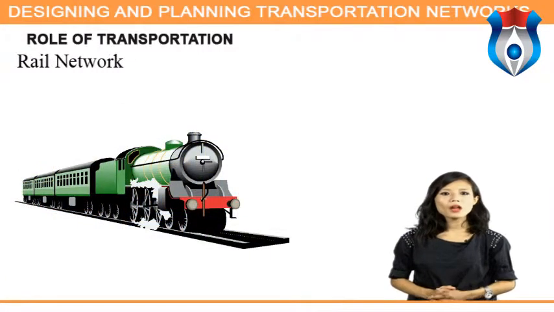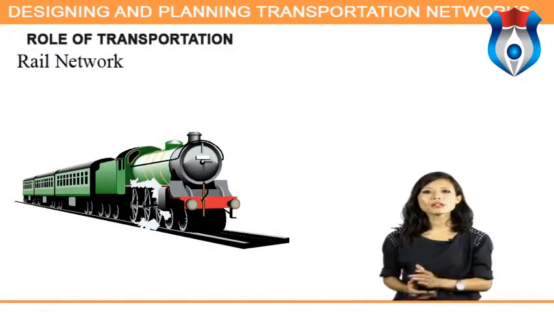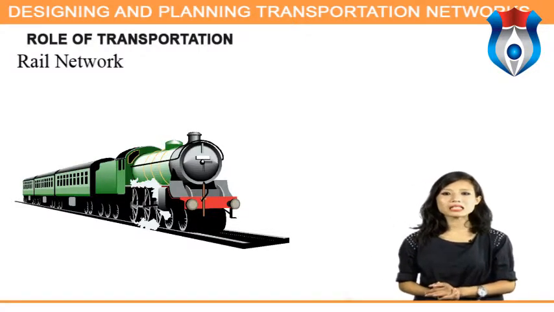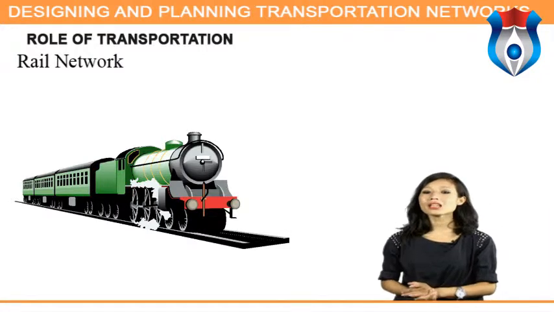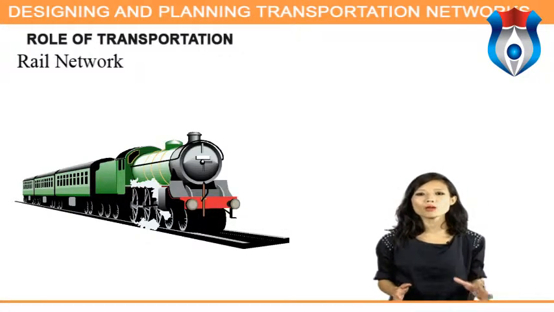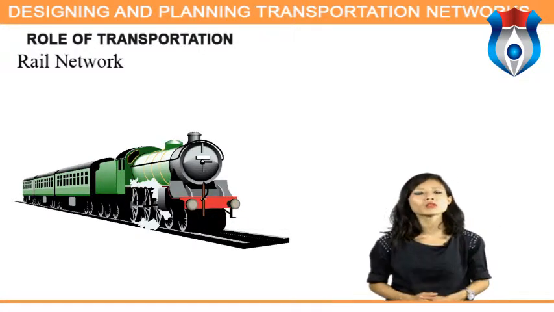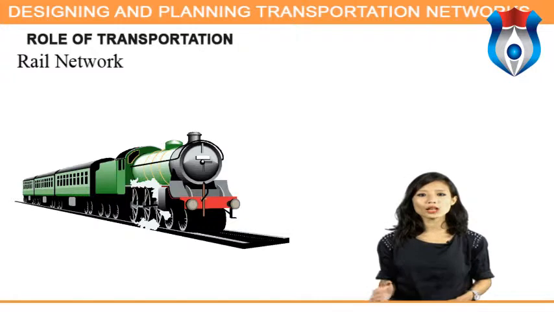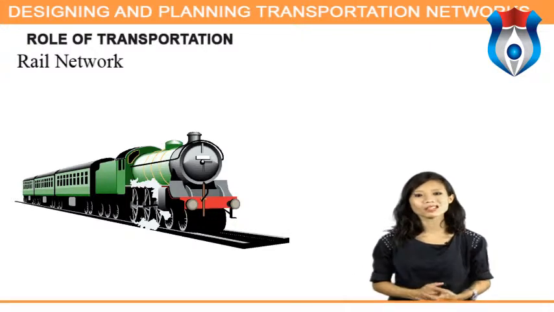Rail network. Historically, railroads have handled the largest number of ton miles continental. As a result of the early establishment of a comprehensive rail network connecting almost all cities and towns, railroads dominated intercity freight tonnage until after World War II.